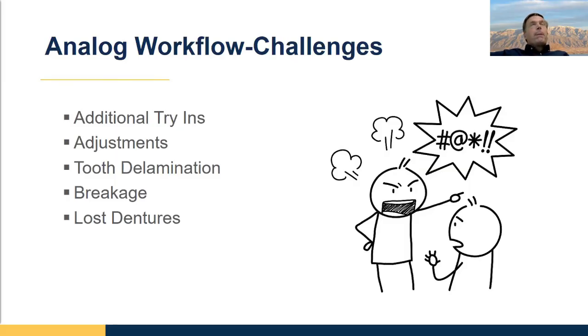Again, if you do the workflow properly, you can get a predictable result. But what I want to talk about today is that digital can make it even more predictable for you, so you don't get in this situation where you and the patient are not as happy with each other.